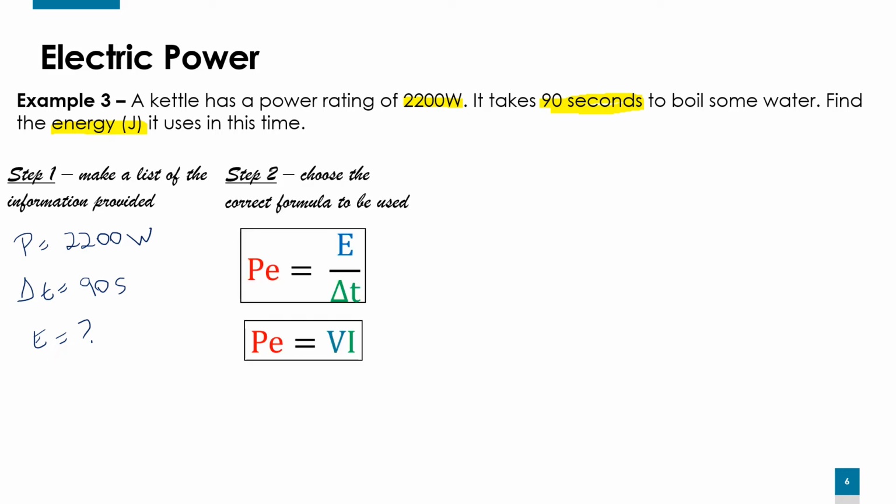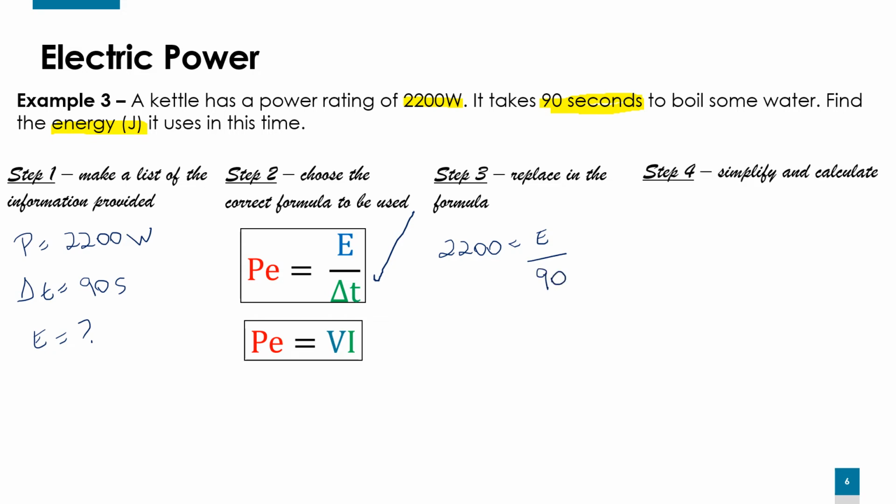Step 2, choose which formula. So the first one. And step 3, replace in the formula. So 2,200 equals E over 90. And step 4, simplify and calculate. So I have 2,200 equals E over 90.